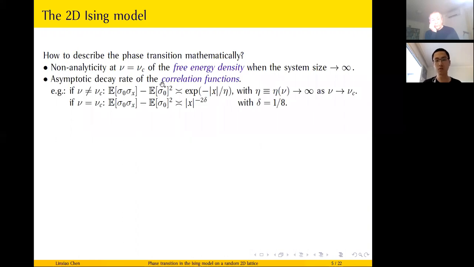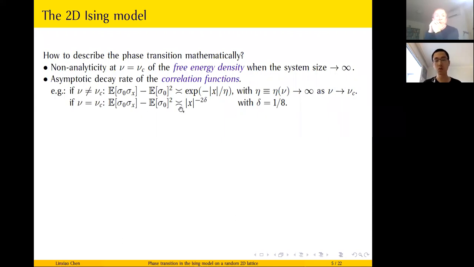Another signature of the phase transition comes from the so-called correlation functions. For example, if you look at the spin in the model at the origin and the spin at a distance x from the origin, and you look at the correlation between these two spins, it will decay exponentially when x goes to infinity if the temperature is not critical.